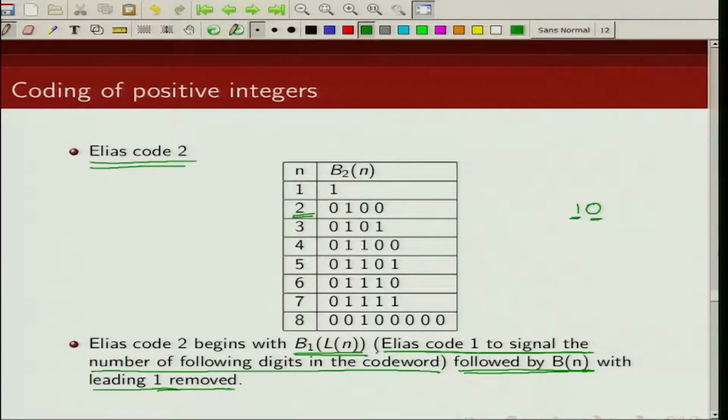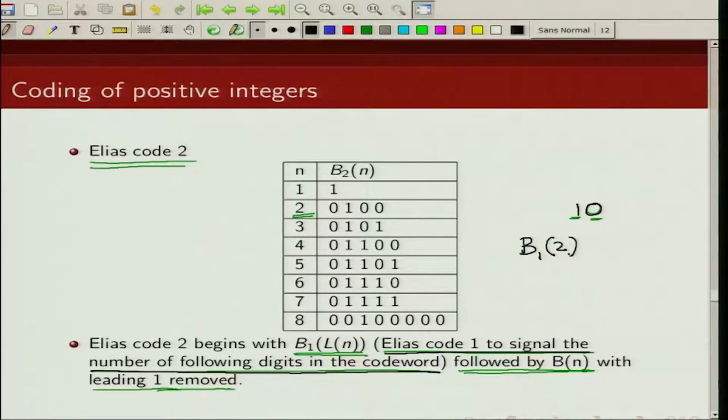As I said, in this particular scheme, Elias code 1 is used to signal the number of following digits in the code word. And in case of 2, there are 2 bits, 1 and 0. So we are going to use Elias code 1 corresponding to 2.